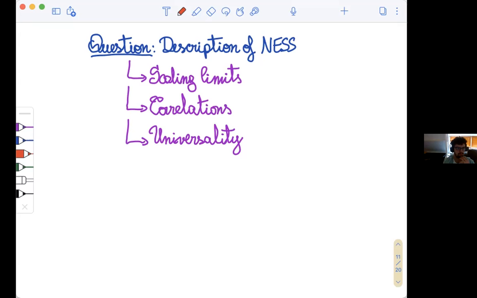But as soon as the asymmetric mechanism is nonlinear in some way, the nonlinearity creates this additional mixing that makes things fast.